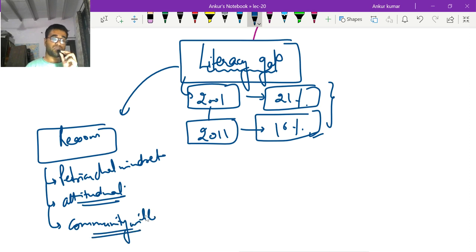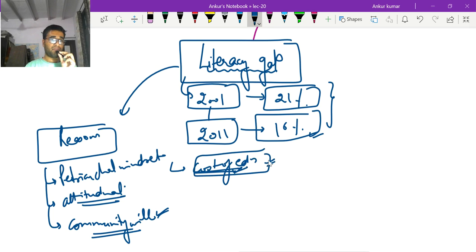Community tries to impose its will on women as if they are just a commodity, and they are just to follow your whips. So this kind of attitude again leads to less education in girl children. The cost of education, again, is very high. And when the cost of education is very high, parents are less inclined to invest in the education of the girl child.